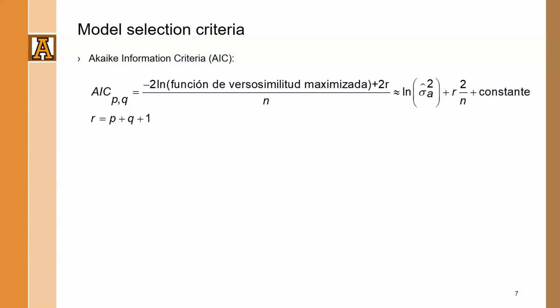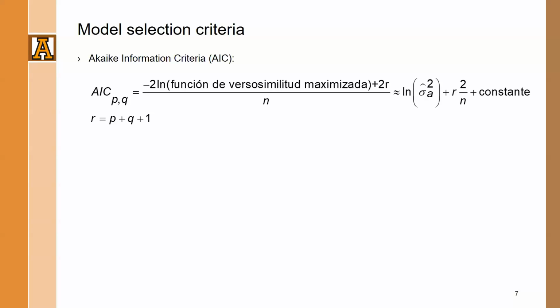That's the Akaike information criterion. And what we want is a number that's as small as possible. Okay. So this is the criterion that is used by some of the algorithms that automatically select a model.